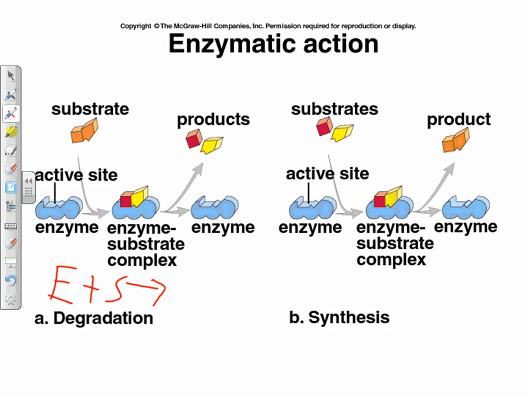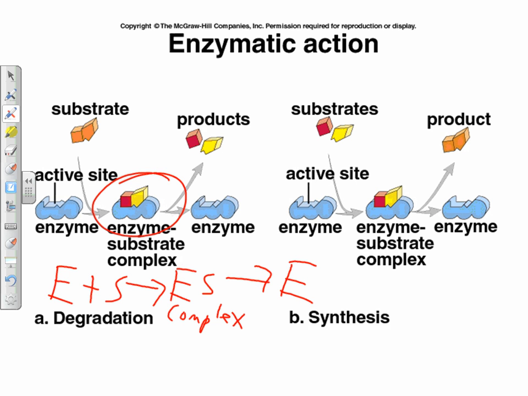When they react together, we call that the ES complex. When they're together like this right here, that's when the enzyme's doing its thing. It's working. Then they separate. And when they separate, the enzyme is unchanged. It can be used again. And what we end up with are products. So the substrate gets changed, the enzyme doesn't.